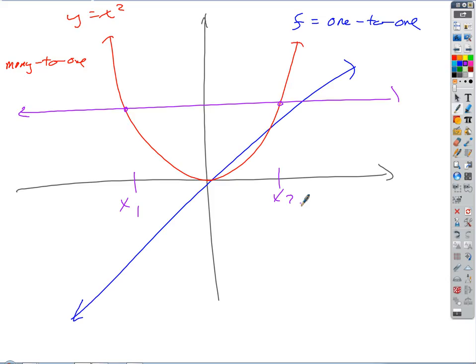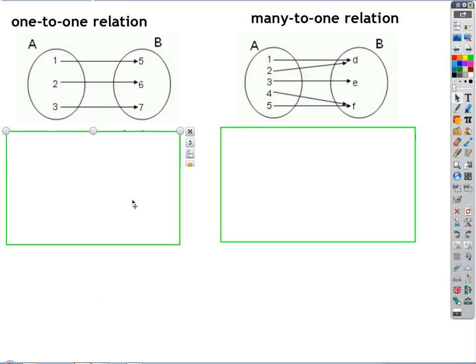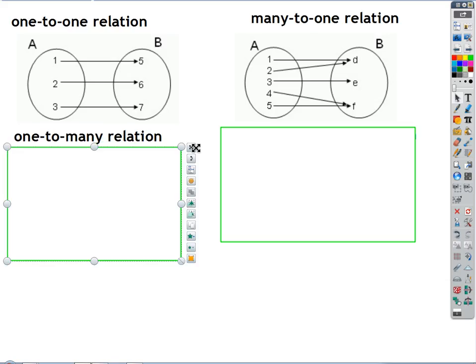Okay? Good? All right. So now what about a one-to-many relation? What do you think that's going to be? Gabe, what do you think a one-to-many relation is going to look like when I pull down the screen there?